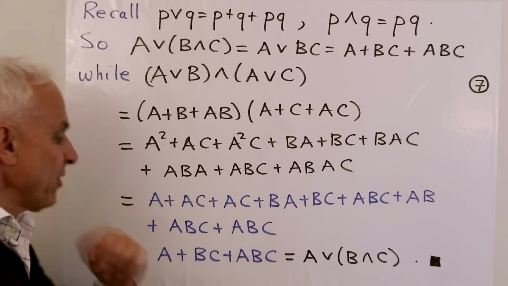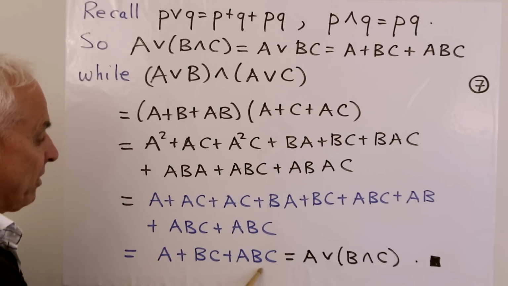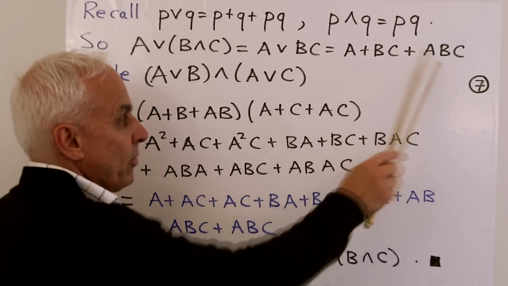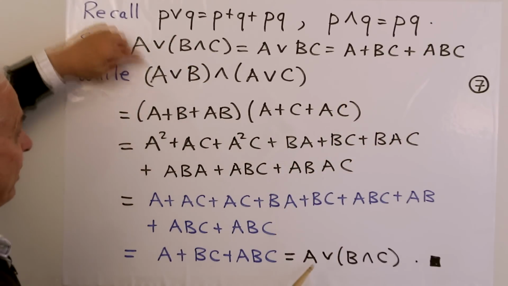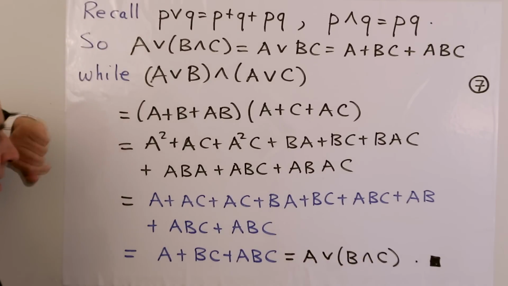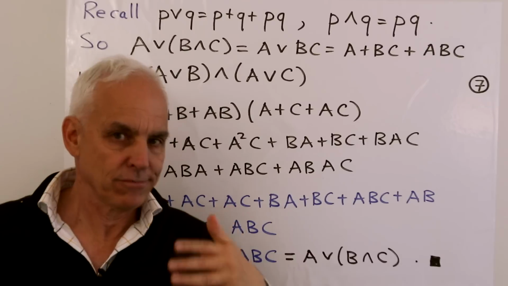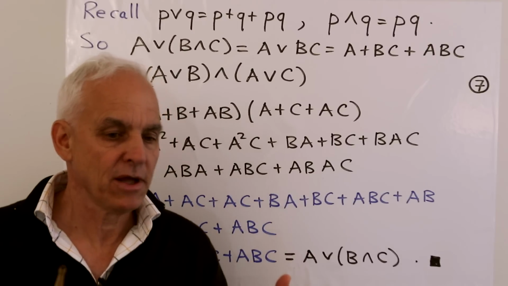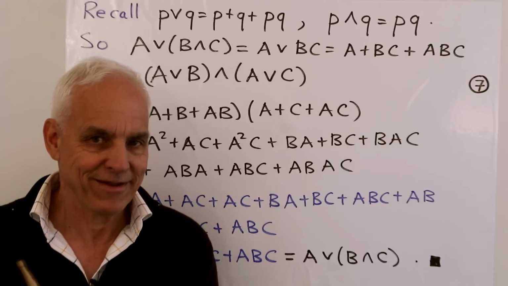But we finally have another ABC left over. So altogether we get A plus BC plus ABC, which is the same as what we got up here. So yes, indeed, this right-hand side is equal to A union B intersect C. And so we've proven this distributive law without a truth table kind of argument, just using algebra. Very powerful tool.